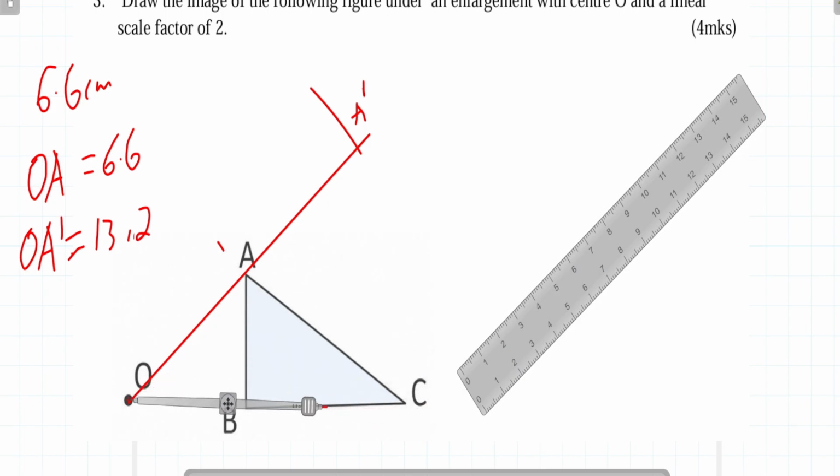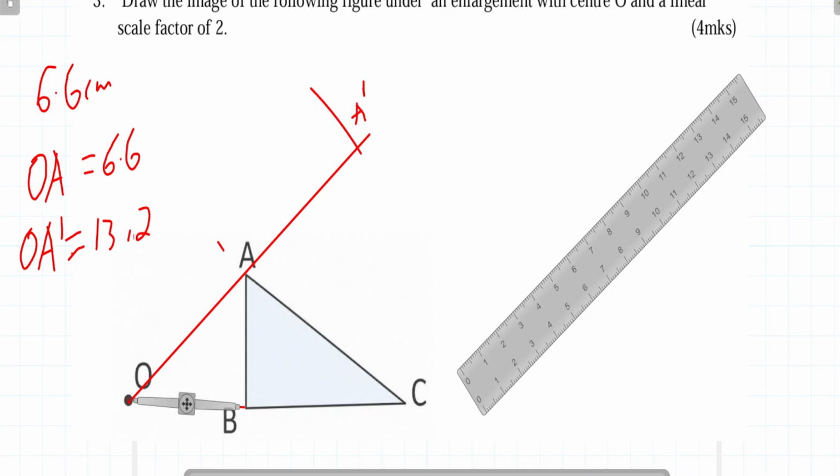So let's start here. So and then just rotate it a bit. From here, B is difficult now. From here B we have been given 5.2.